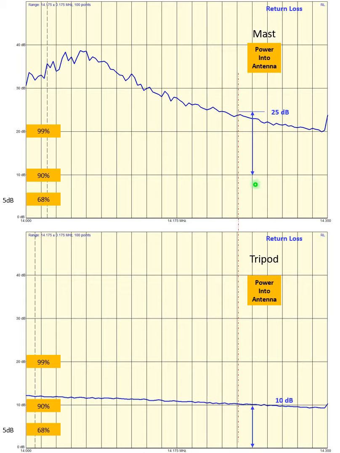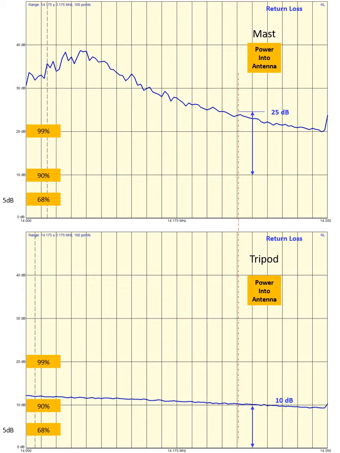However, if we take that same antenna and raise it up a bit, we're getting well over 99%. Well, you can't have too much over 99%, but we're getting almost all the power to the antenna with very, very little, less than 1%, reflecting back. So that's a good thing to know.